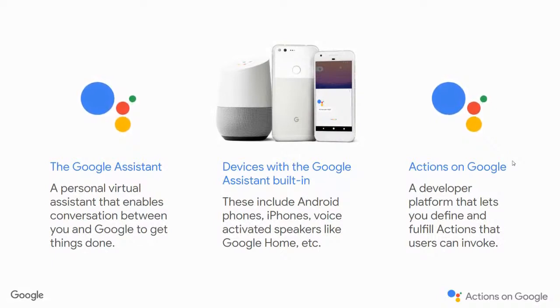So we are used to saying mobile applications or web applications. In the voice world, we don't call them applications, we call them actions. So if you're searching for articles or things on YouTube, yeah, go ahead and search for voice applications, but at the same time, you can also search for conversational actions.